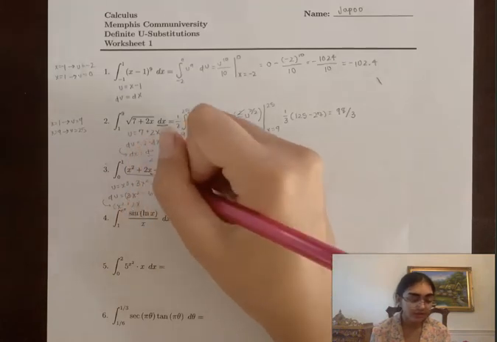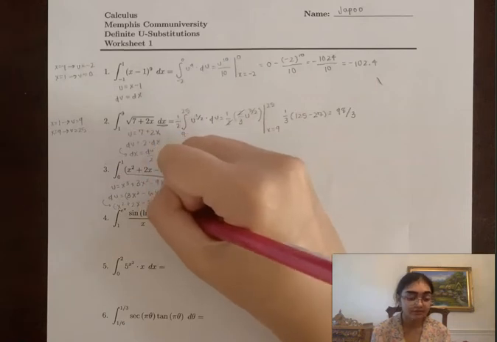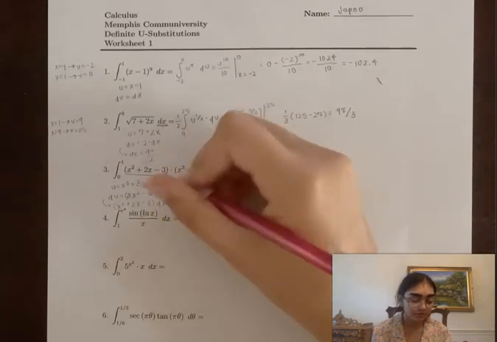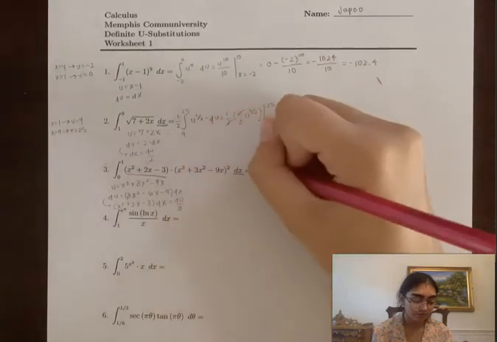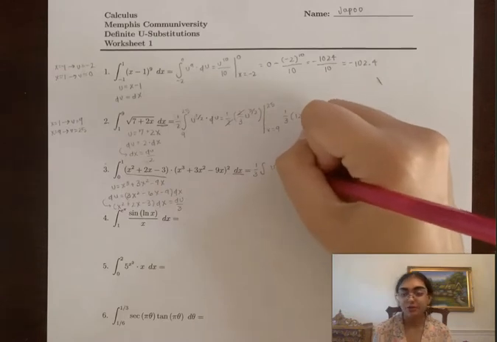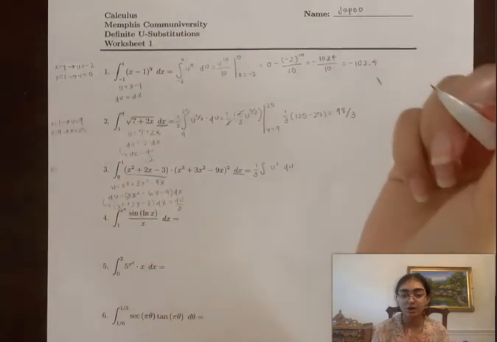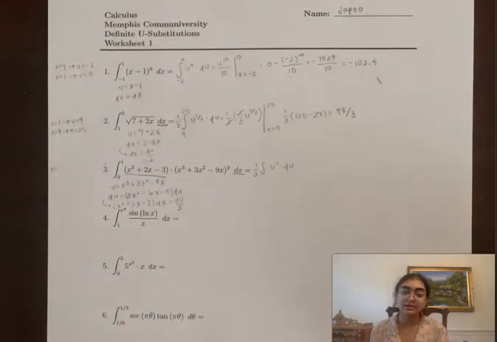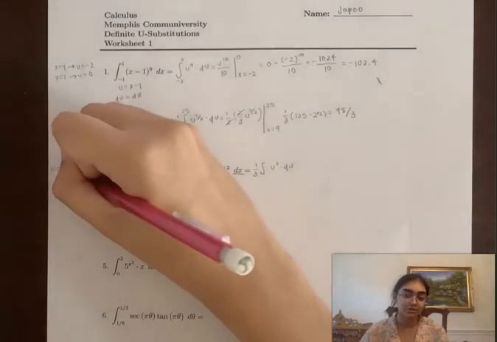So what we're going to get is x squared plus 2x minus 3 times dx equals du over 3. So that's why I put a 1/3 out in front and I just put a du. I replaced all of those other x's, the dx and the x squared plus 2x minus 3 with the du and the 1/3.